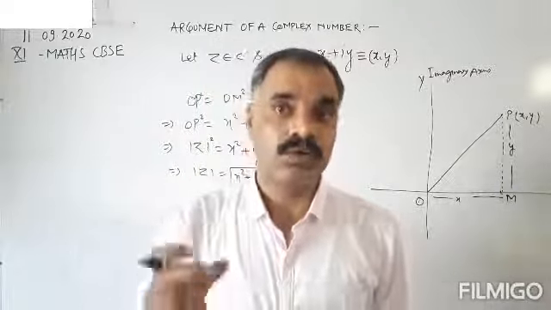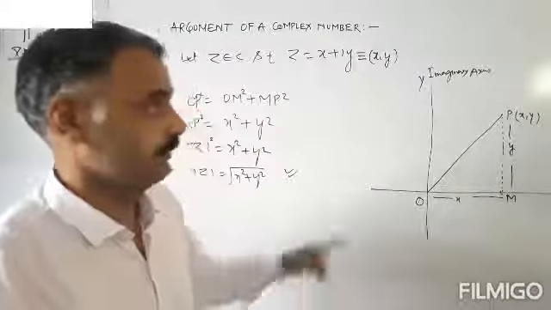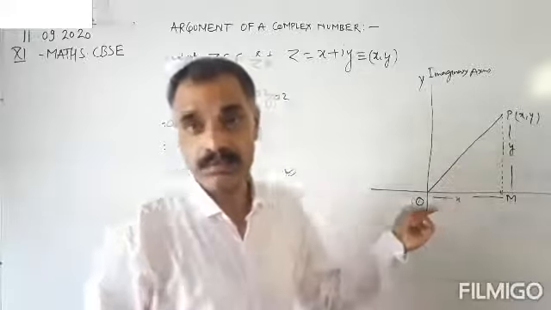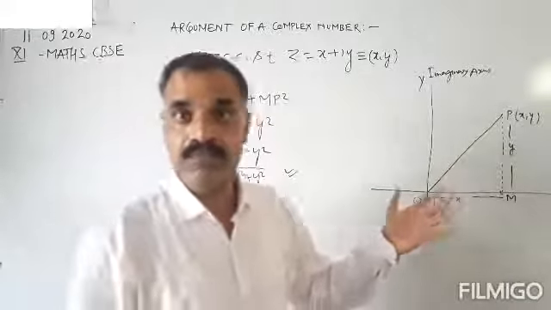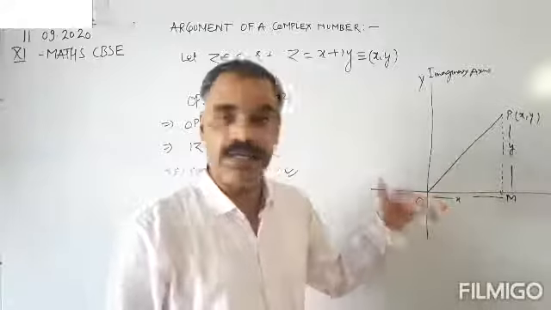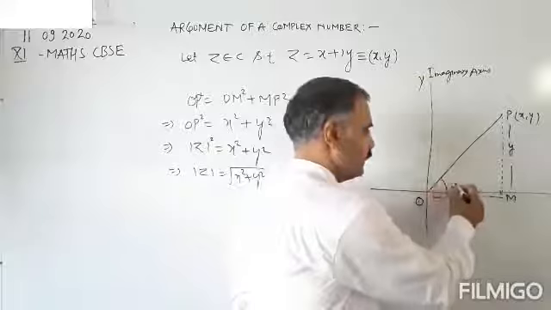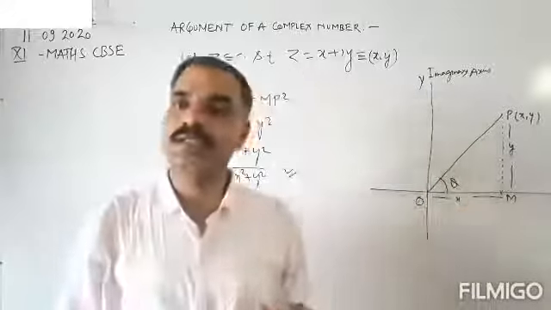Now we are talking about the argument. The line OP, where O is the origin and P is the point representing the complex number, is making an angle theta with the positive direction of the x-axis.